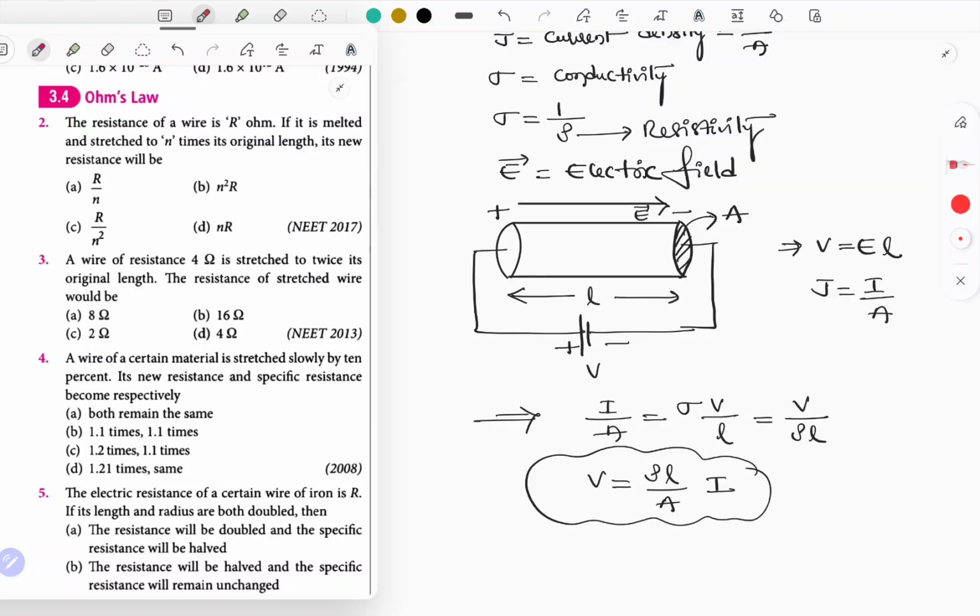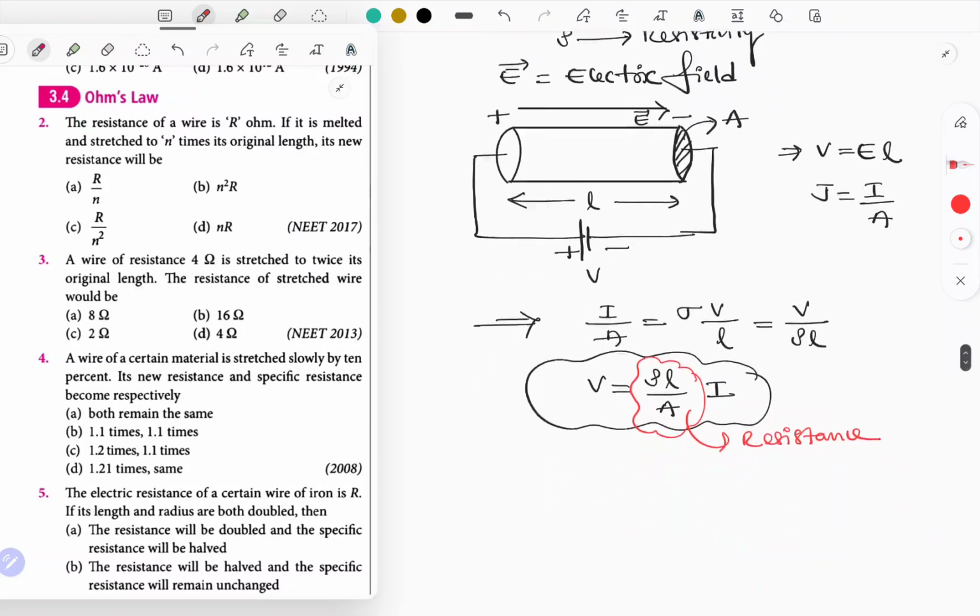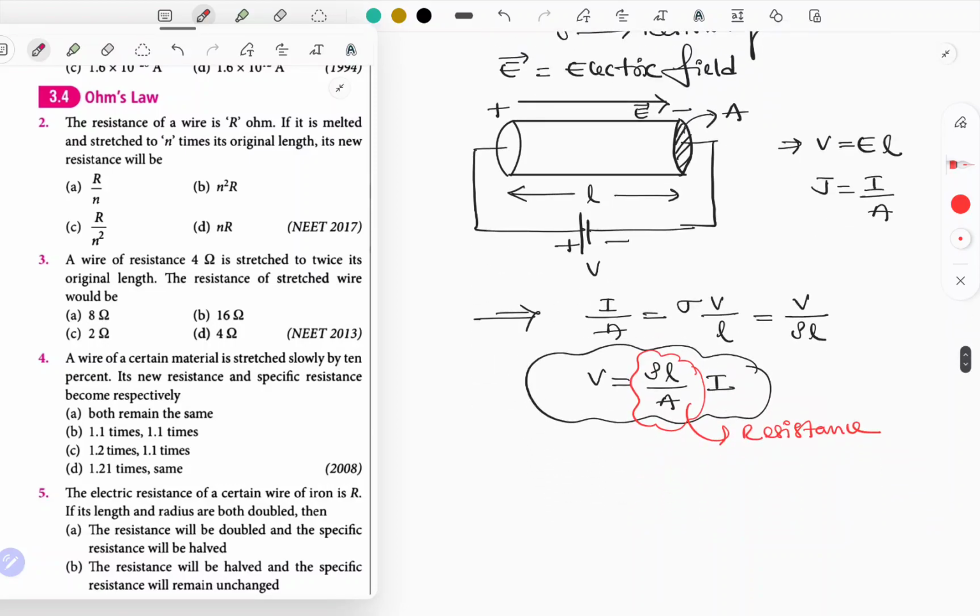Whenever the Ohm's law concept comes, we use this formula directly. Here rho L by A is replaced with a resistor, the resistance of the wire. Resistance is equal to rho L by A.